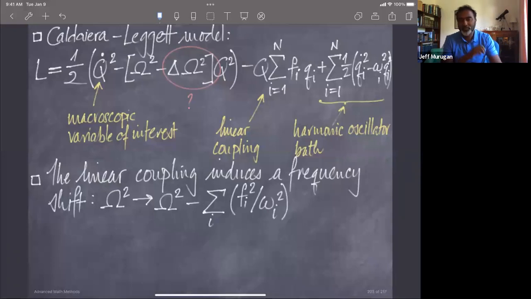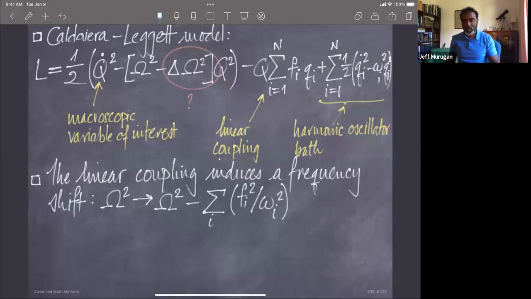This frequency shift has a very particular effect on the system, which we'll encounter a little bit later. But suffice it to say that I would not want this frequency shift around. So I need to cancel out the frequency shift.